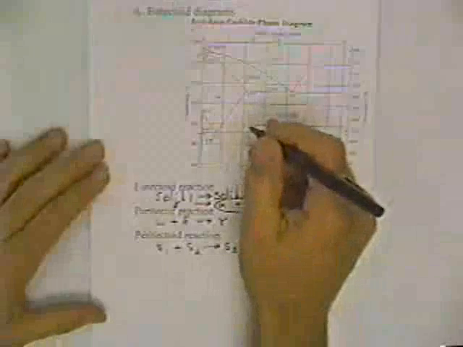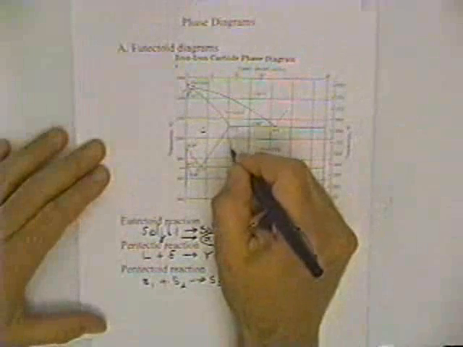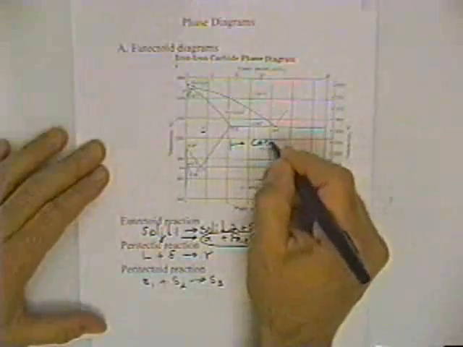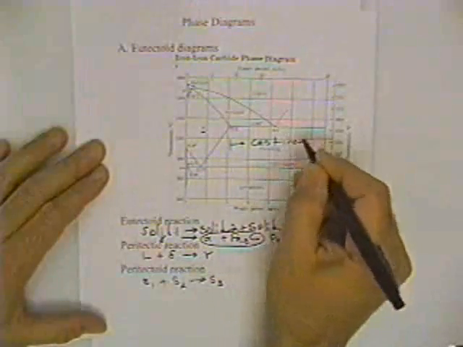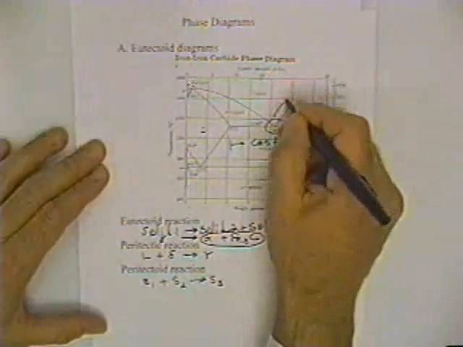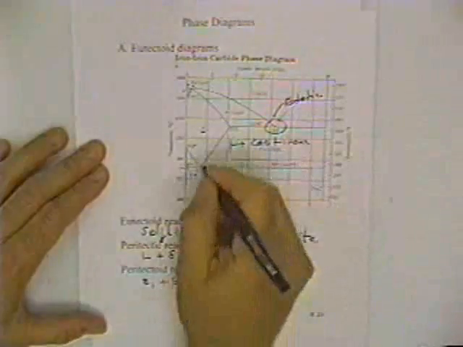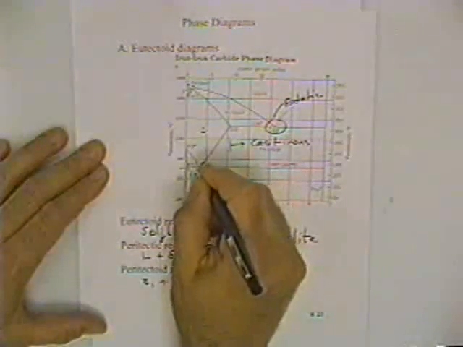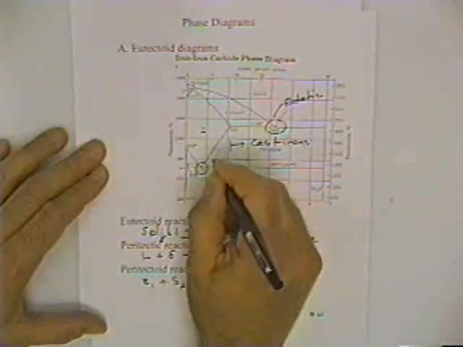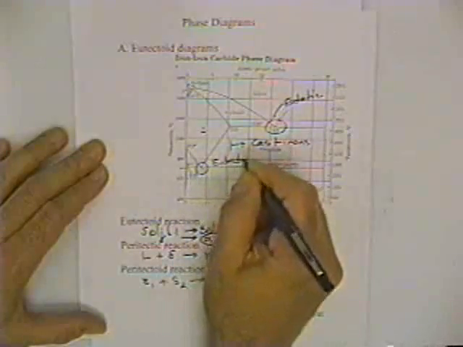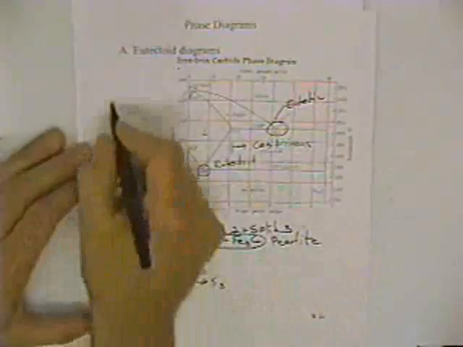Let's take a little look at the iron carbon diagram, because we're going to use it in a minute to talk about heat treatment of steel. From around this region on over, we would have cast irons. This is a eutectic reaction, and this reaction right over here is the eutectoid reaction.